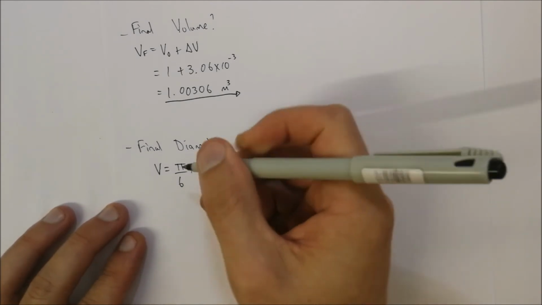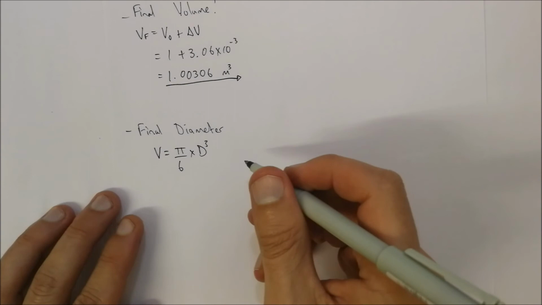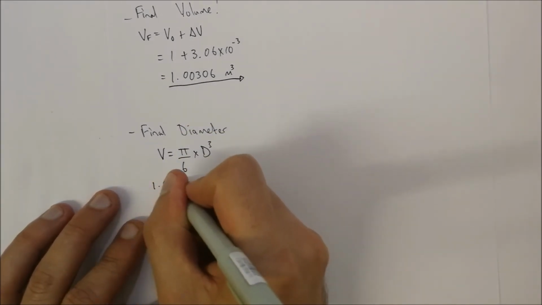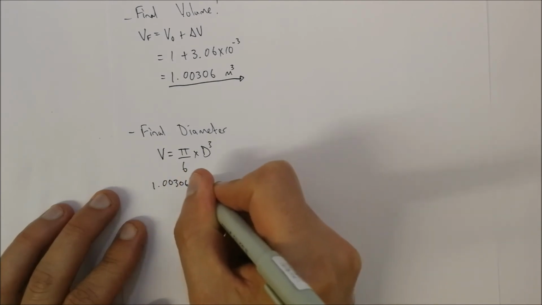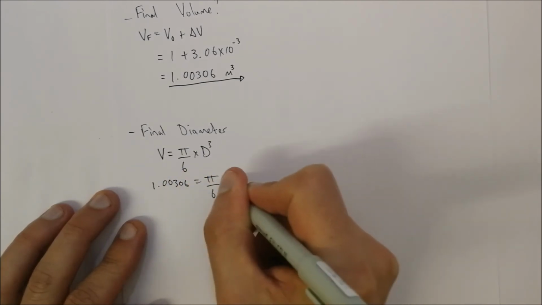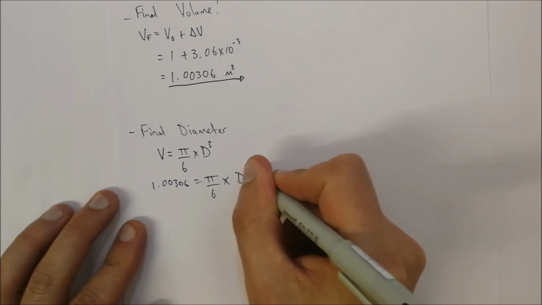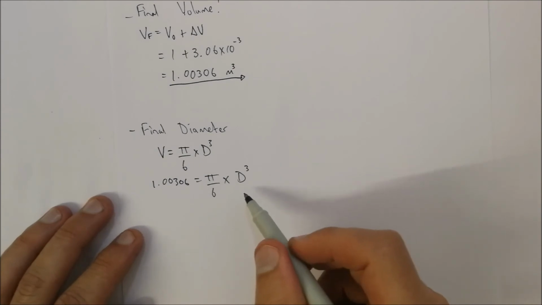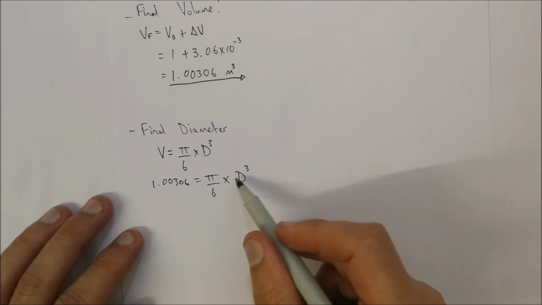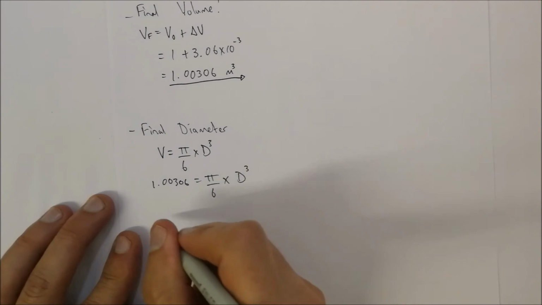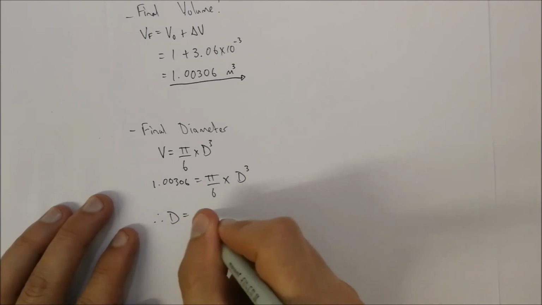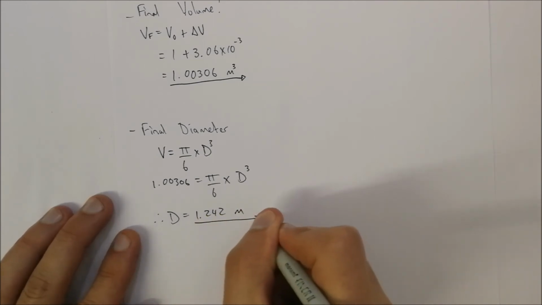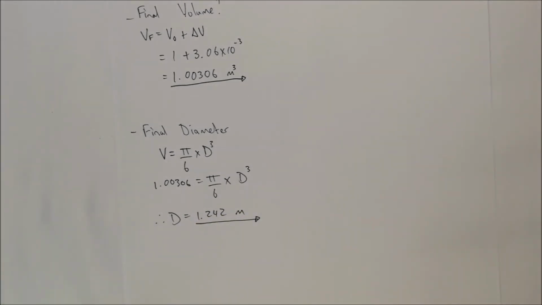We've calculated the final volume, so 1.00306 is equal to pi over 6 multiplied by d cubed. All we've got to do now is make d cubed the subject of the formula, and then take the cube root of it. When you do that, we find that d is equal to 1.242 meters.